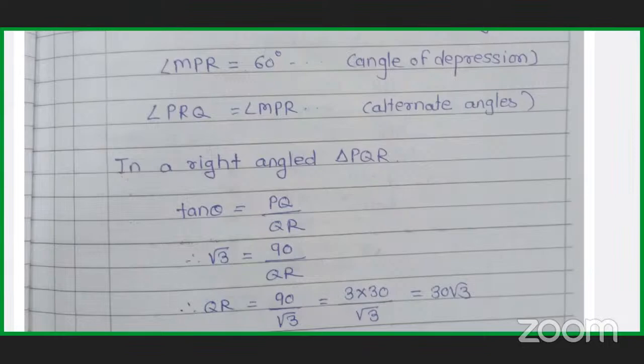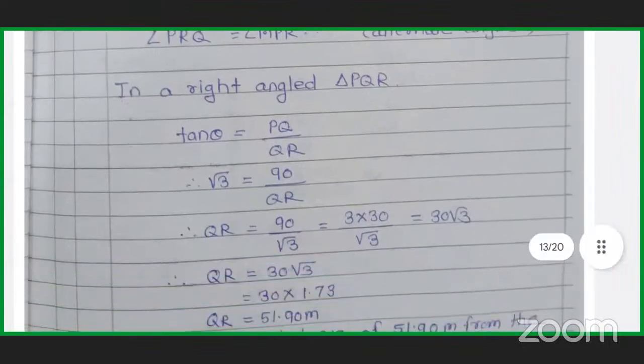So what will we get? QR is equal to 90 upon root 3. Again, we have to use the rationalizing process, that is multiply by root 3 in numerator and denominator. So what will we get? 90 into root 3 upon root 3 into root 3. So 90 into root 3 upon 3. So it becomes 30 root 3.